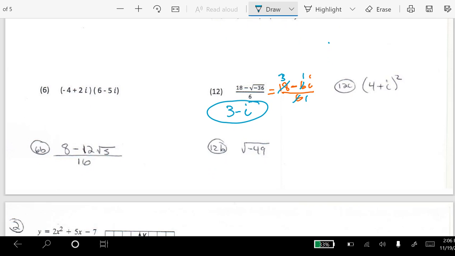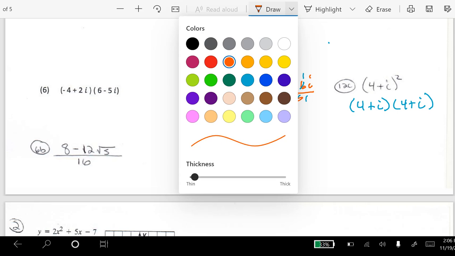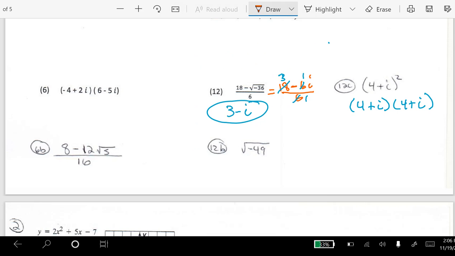For 12, C, I think that is. For this one, it's squared. So you want to remember that when it's something squared, you have to rewrite it as multiplying the binomial times itself. And then you're going to go and distribute this out. You get 16 plus 4i.